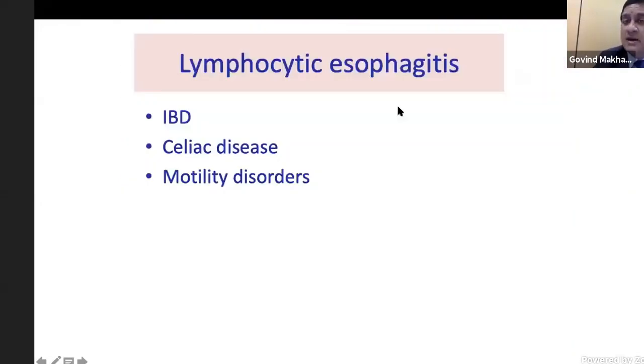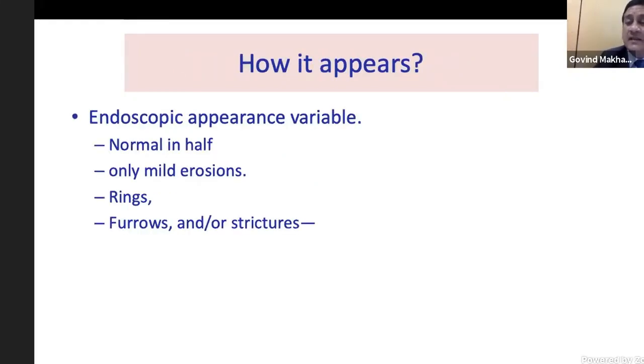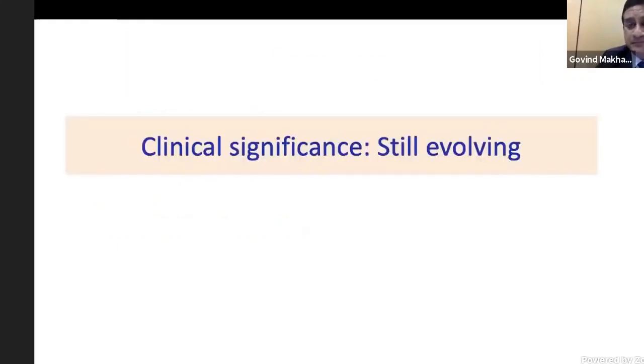This can occur in multiple conditions like IBD, celiac disease, and multiple motor disorders. The clinical significance of this disease is not well established. But the picture may mimic eosinophilic esophagitis exactly. Therefore, pathologists should also look on histology if there is a high lymphocyte count.